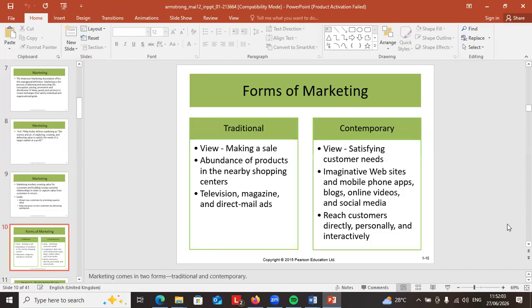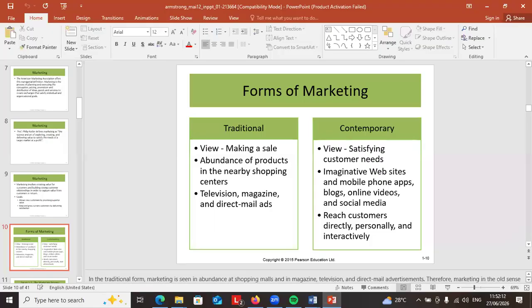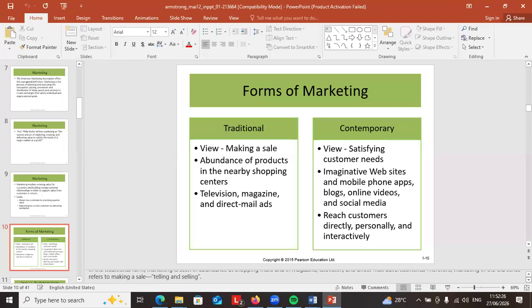Now, this brings us to the various forms of marketing. Essentially, marketing comes in two forms. In the traditional form, marketing is seen in abundance at shopping malls and in magazine, television, and direct mail advertisements. Therefore, marketing in the old sense basically refers to making a sale, more with the slogan telling and selling.